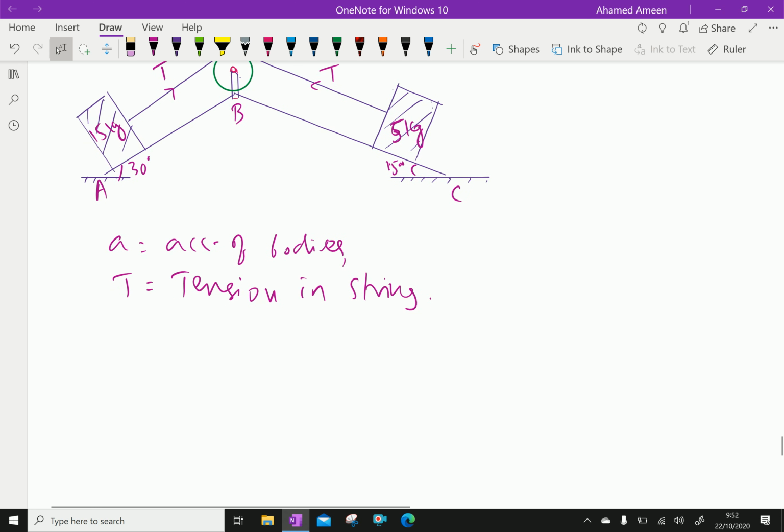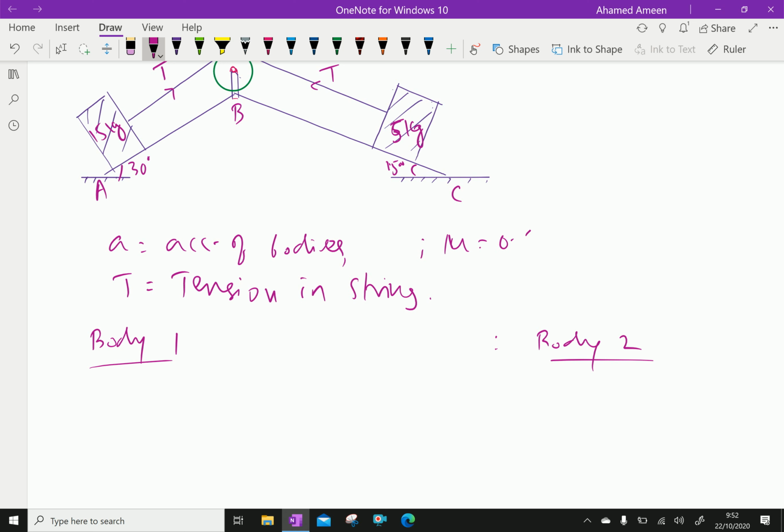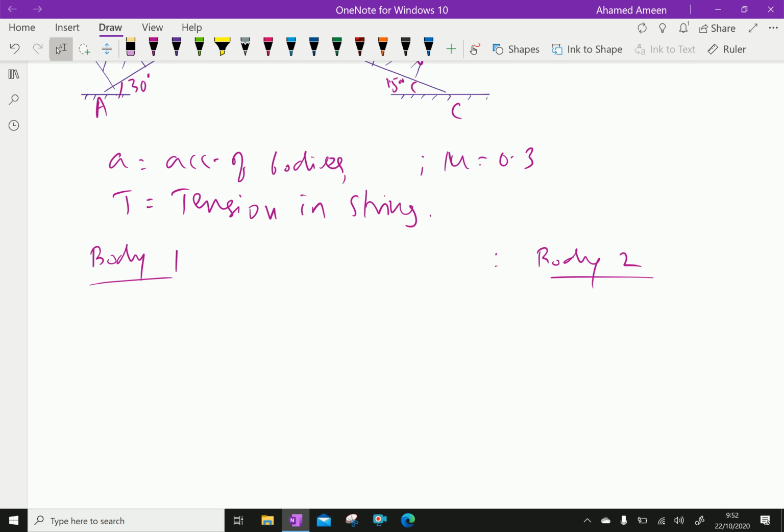Here we consider body 1 and here body 2, and mu equals 0.3. For the first body, the normal reaction R1 is body mass 15 into 9.8 into cos 30 degrees, which gives 127.3 Newton.